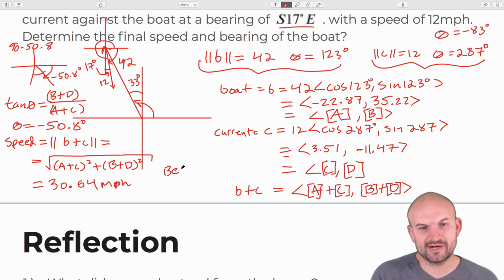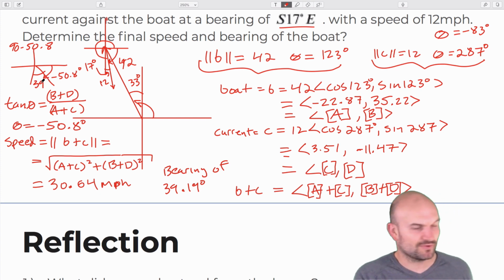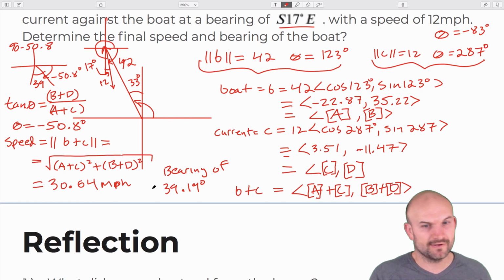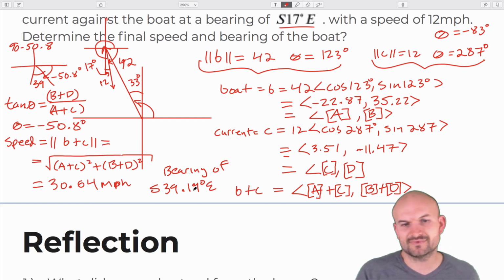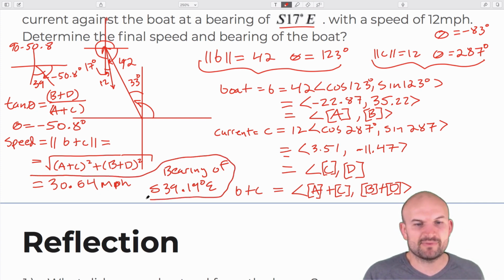So it has a bearing of 39.19 degrees. And that's what we're looking for right there. That's where the 39 degrees is. Sorry, it's going to be south 39.19 degrees east. All I'm trying to do is match up the bearing with the same notation that the bearing was provided in.